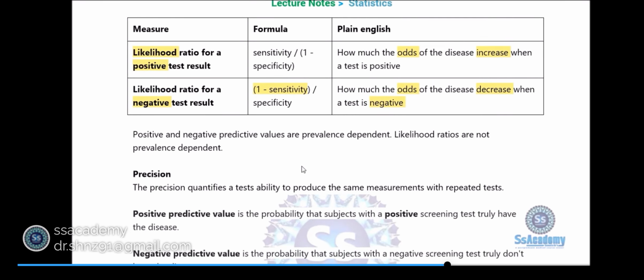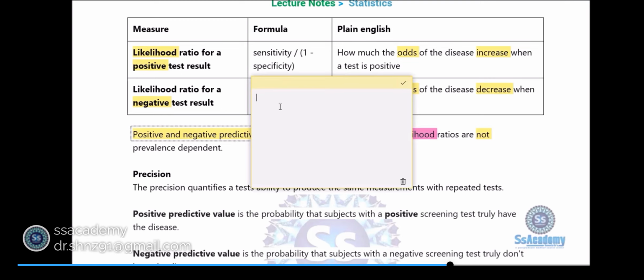Positive and negative predictive values are prevalence dependent. So circle that the predictive values are prevalence dependent. Likelihood ratios are not prevalence dependent. So yes, not prevalence dependent.